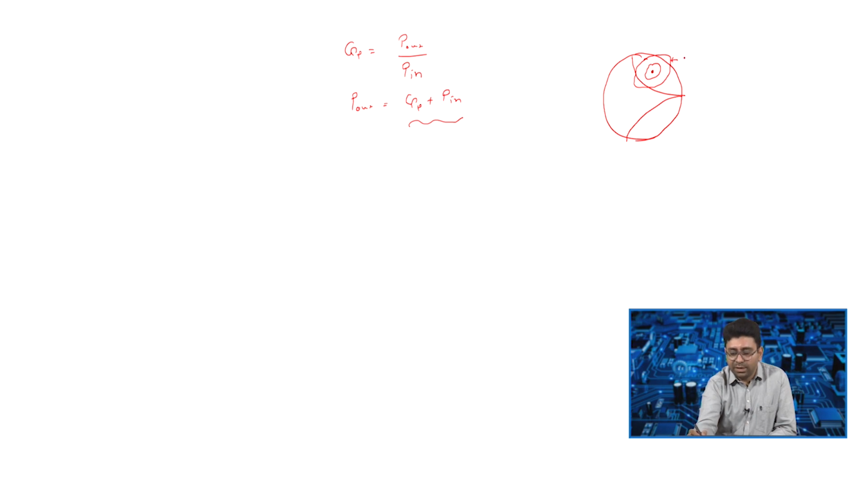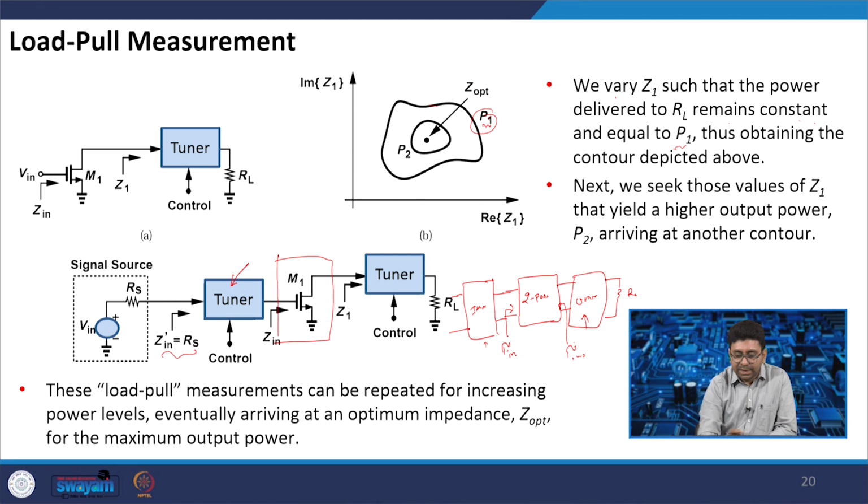This is called a power contour, that is P1 and P2. The same thing has been shown here, this is power P1 and P2, and when we have an optimum impedance, at that time it will have a dot.